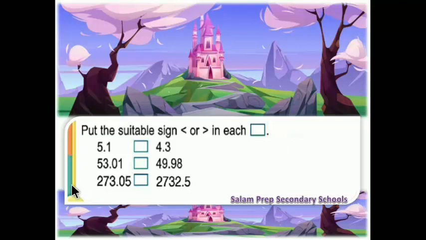The third one, 273.05 and 2732.5. Look at the whole number. The first number is 273. The second number, the whole number is 2732. So we will put smaller than.